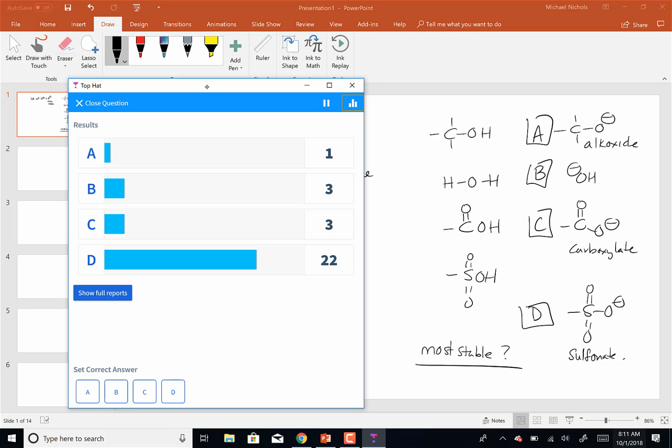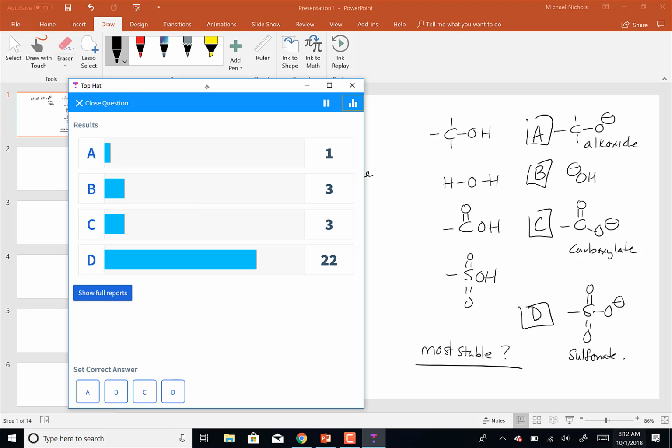I thought that both the oxygens have a 0 formal charge, and one oxygen has a negative charge. Okay. Everybody want to build on that? So all the oxygens spread out the negative charge.